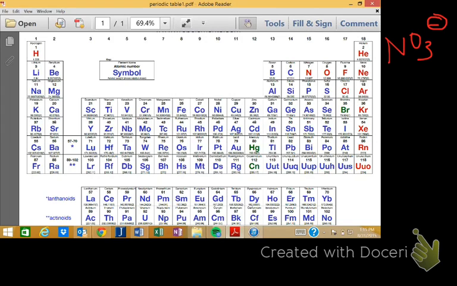So that's nitrate, and that's polyatomic. Most polyatomic ions are going to be anions. They're going to be negatively charged. The big exception, the one that's a common polyatomic cation, is ammonium. And what's the chemical symbol for ammonium?